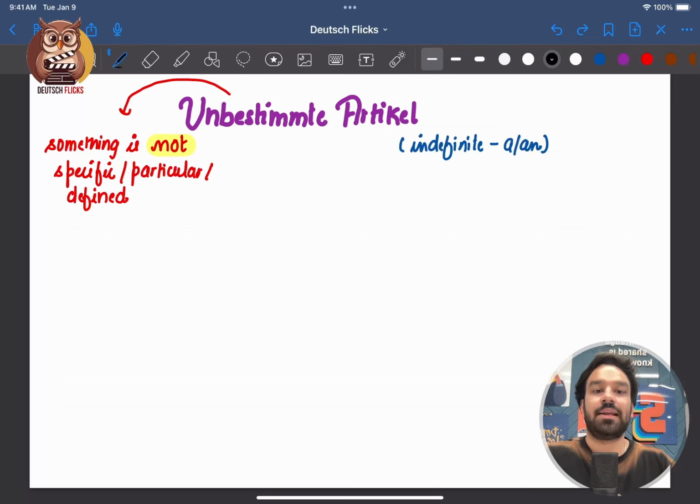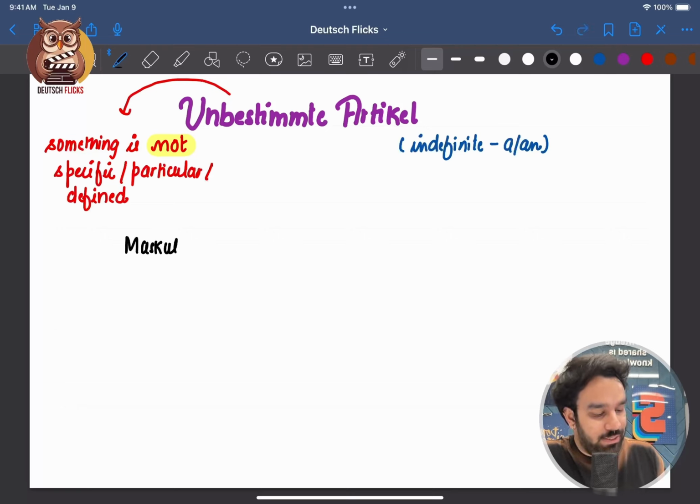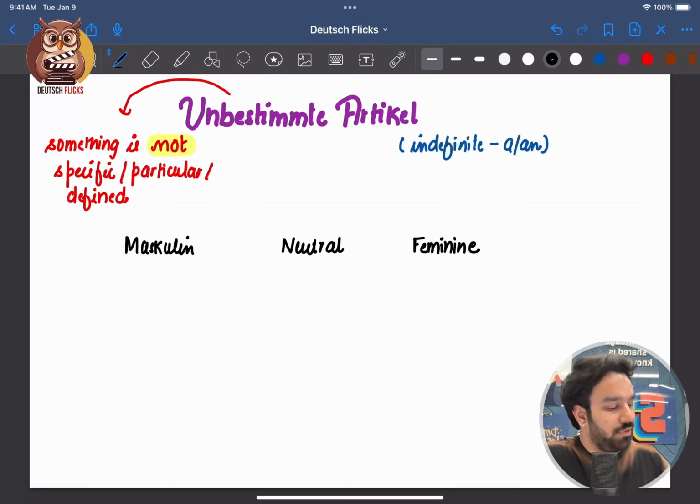Okay, I'll again write the genders. I hope you can memorize. We have masculine, neutral, feminine, and then we have the plural version, plural.